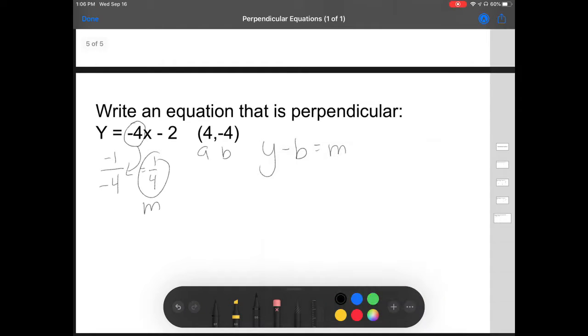y minus b equals m, x minus a. Plug them in. y minus negative 4 equals m, x minus 4. Double negatives mean it's a positive.